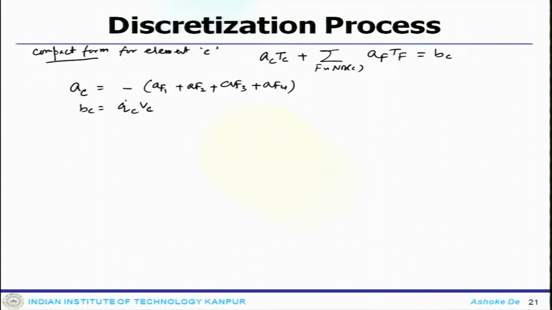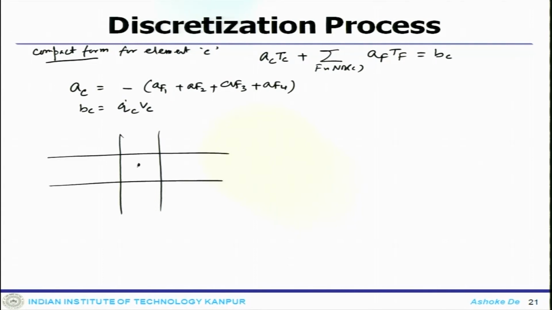Now, if you see, they have all been put together, and the elements which were around that element. This was my element C, or essentially element 9 in the global system. This was my F1, but in the global system it was 10. This was my F2, in the global system it was 4.